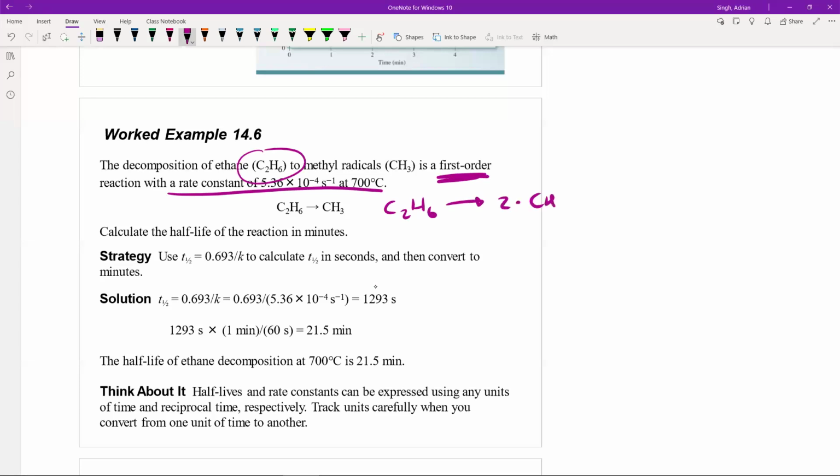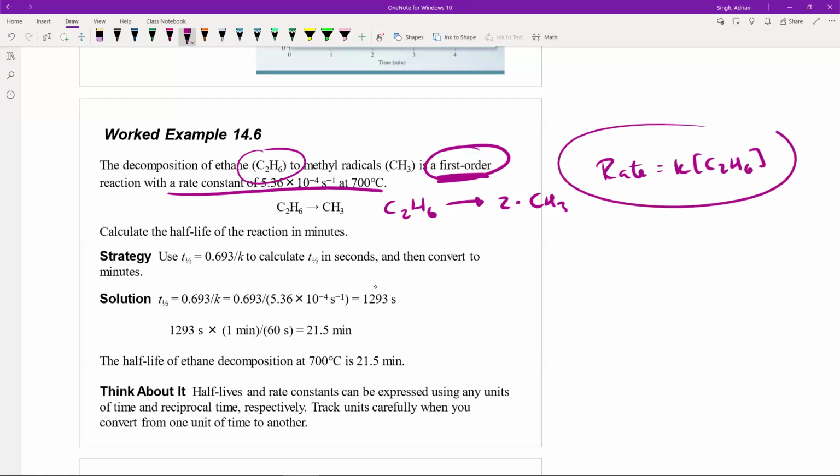We get 2 of the methyl radicals over here. So it's first order with respect to the reactant, and we can write the rate equal to K times the concentration of C2H6. We're told that the rate constant K is equal to 5.36 times 10 to the negative 4 per second at 700 degrees Celsius.